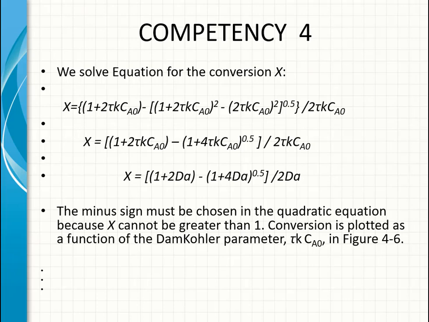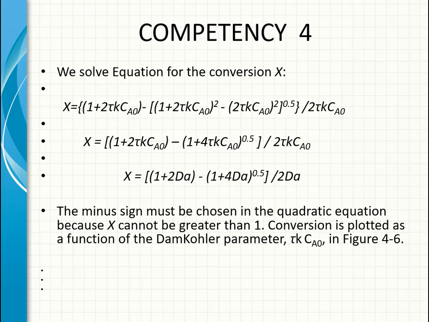So at the end we will have that X is equal to 1 plus 2 Da minus 1 plus 4 Da elevated to the half, all that divided by 2 Da. And so here we have the conversion as a function of the Damköhler number, which is very easy to calculate. And the minus sign must be chosen in the quadratic equation because X cannot be greater than 1.